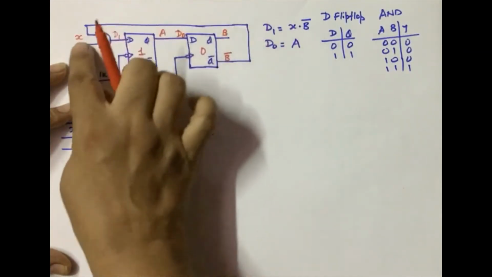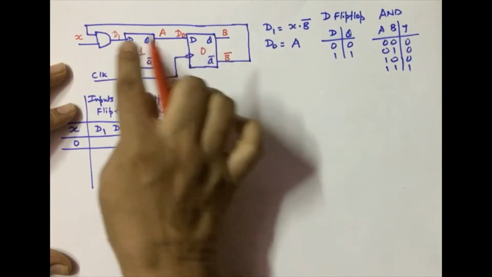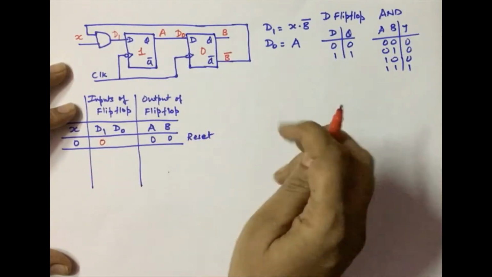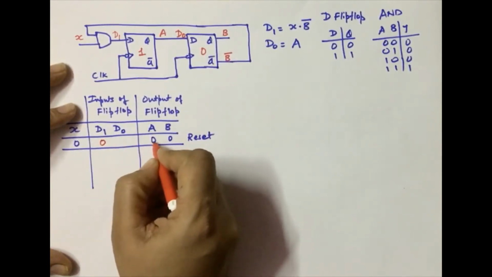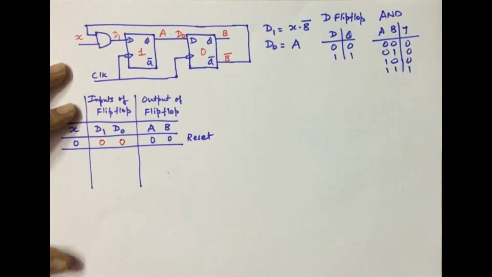B bar is connected with D1, so B bar is going to be 1. But X is 0, so D1 is also 0. A is connected with D0. So A is 0, that's why D0 is also 0. So we can say on reset, all inputs and all outputs are 0.